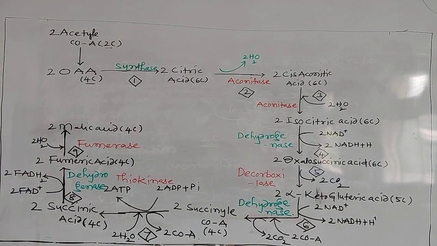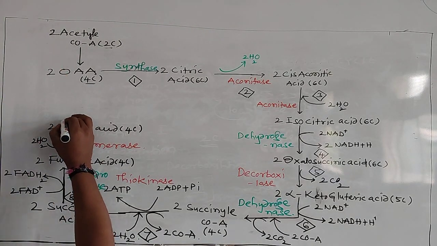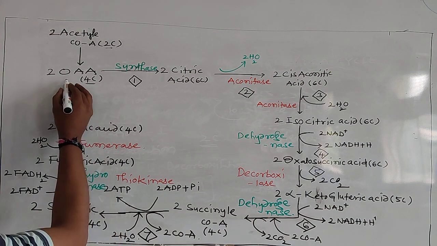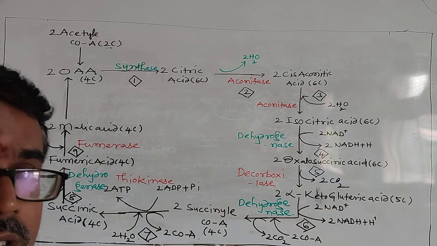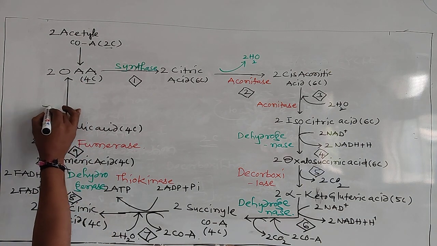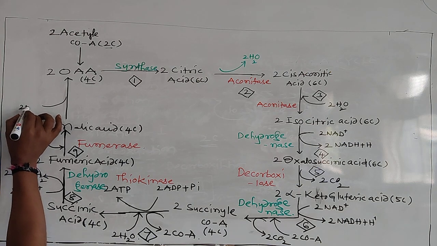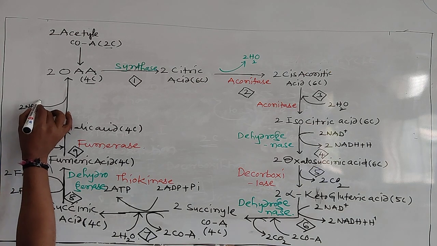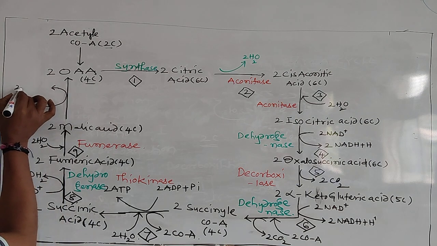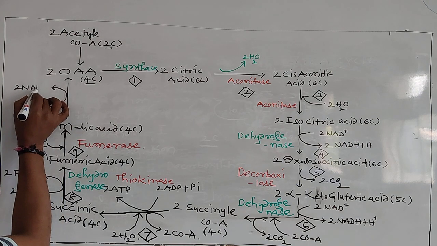Next, the last one, the 10th chemical reaction in the Krebs cycle. That is oxidation 4. The 2 moles of NAD plus are converted into 2 moles of NADH2.